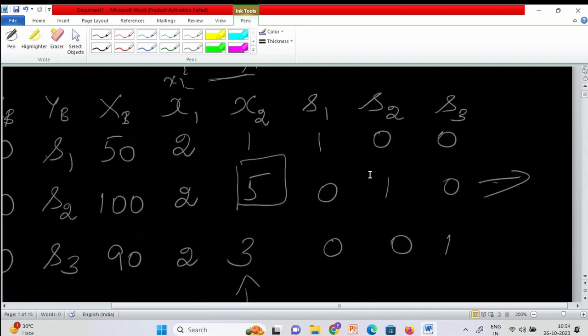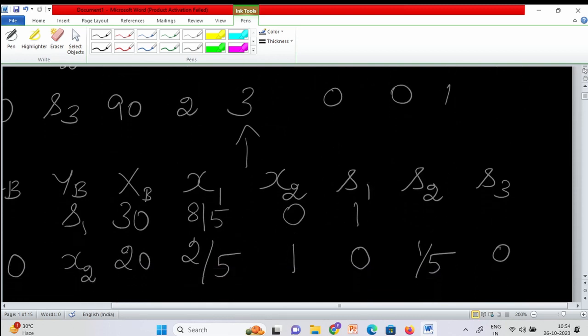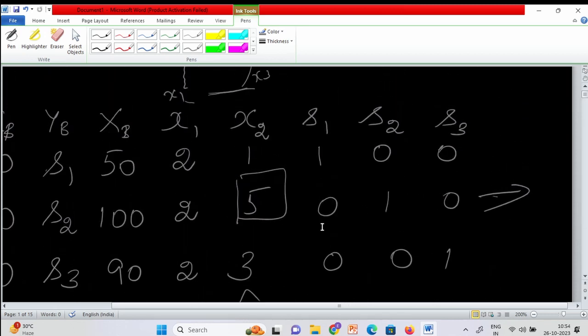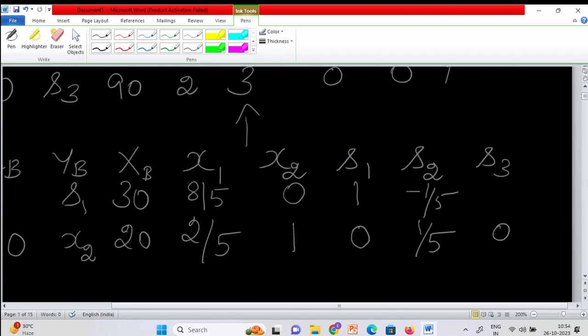And then 0 minus 1 by 5, which is minus 1 by 5. And then 0 minus 0, which is 0. Here the cost coefficient of S1 is 0. Next we have here S3.